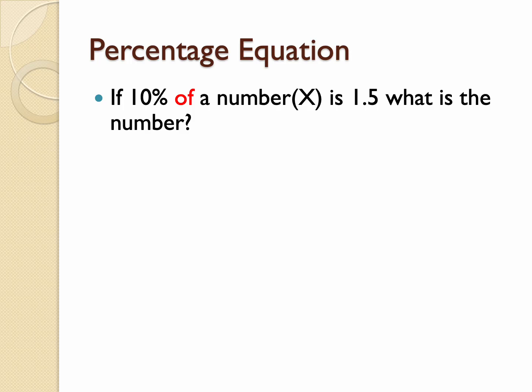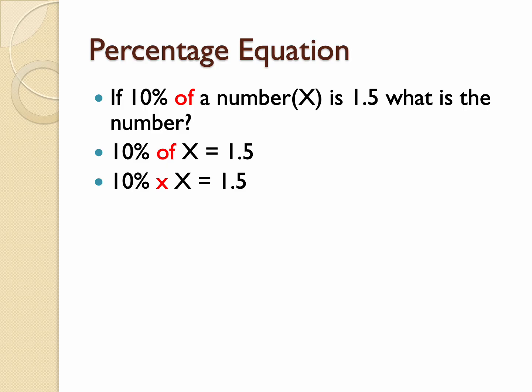It's not that difficult. Since we said 10% of something, and that something we represent as x, and 10% of something is 1.5, we can write it as 10% of x equals 1.5. As we know, of in maths means times, so it can be rewritten as 10% times x equals 1.5.